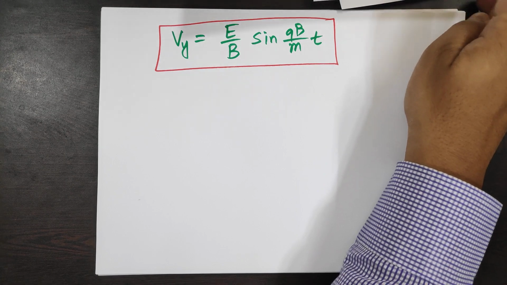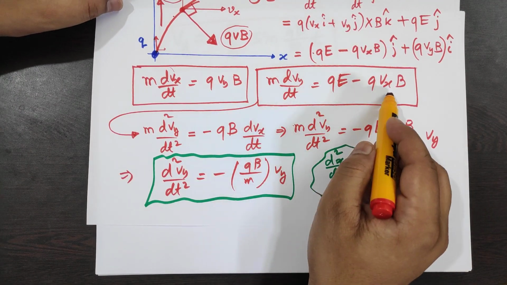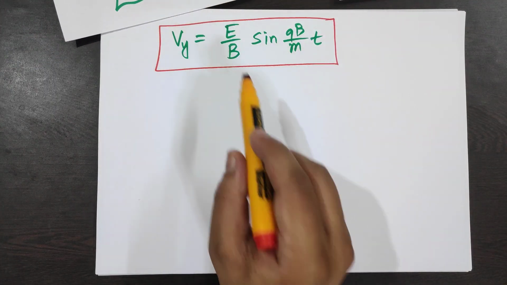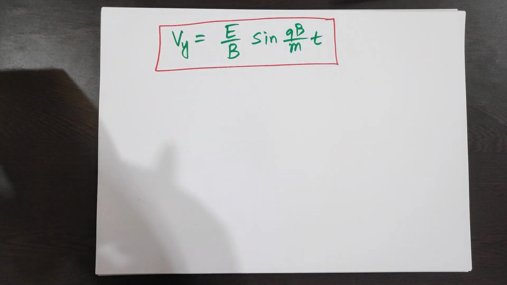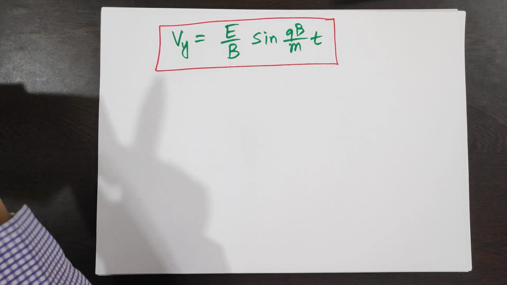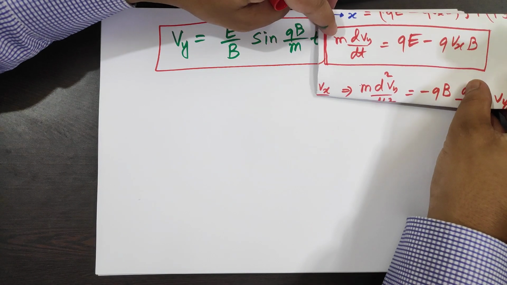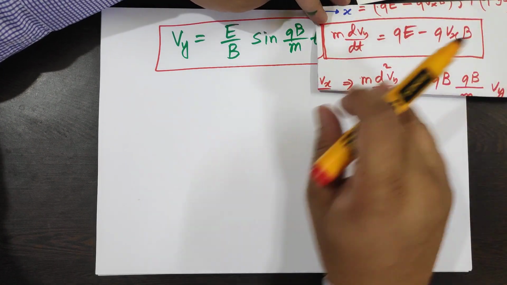Yeah, there I think we can find something out of it, right? Vx from here, this equation, right? So we have found out Vy. So this equation is there with us. We can make use of this.